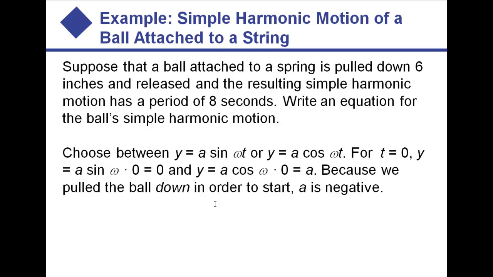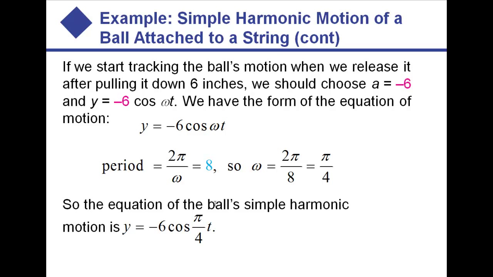But at time 0, it's pulled down 6 inches and then released, so at time 0, the answer out of the function should be 6. When you put t equals 0 into the sine function, you get 0. That doesn't work. When you put 0 into the cosine function, you get a. That works. So we have to choose the cosine one.